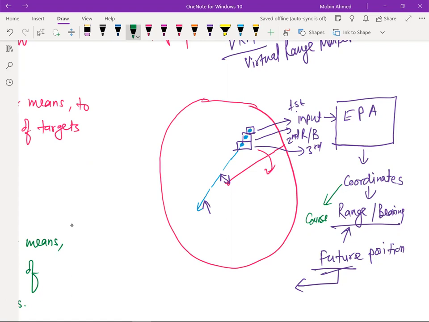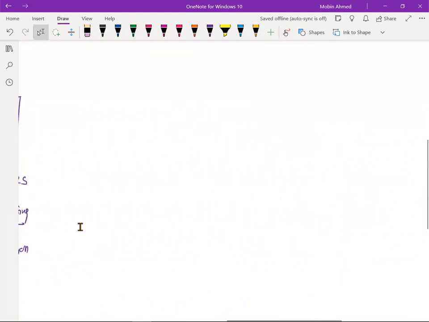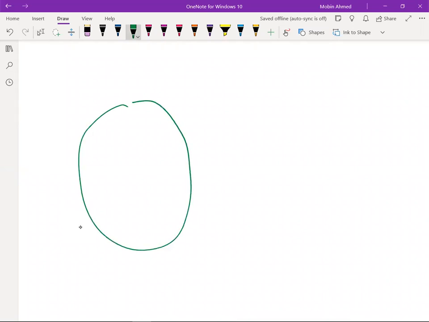Now what is the automatic tracking aid? There is a difference between a tracking aid and a plotting aid. Suppose this is a display again, and this is our sweep, which is going to rotate. Here this is a heading marker.